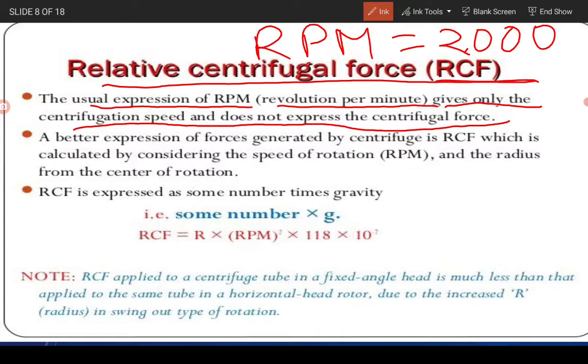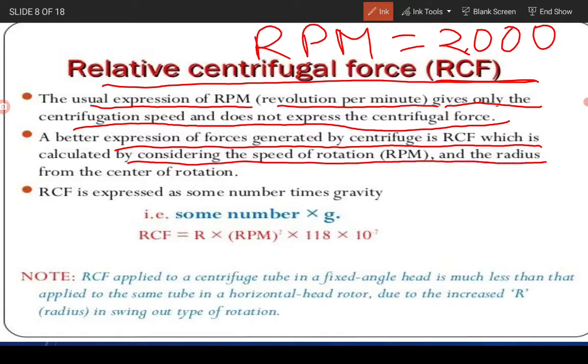RCF is the relative centrifugal force. The better expression of force generated by centrifugation is RCF, which is calculated by considering the speed of rotation, RPM, and the radius from the center of rotation. So RCF is equal to R into RPM square, right?